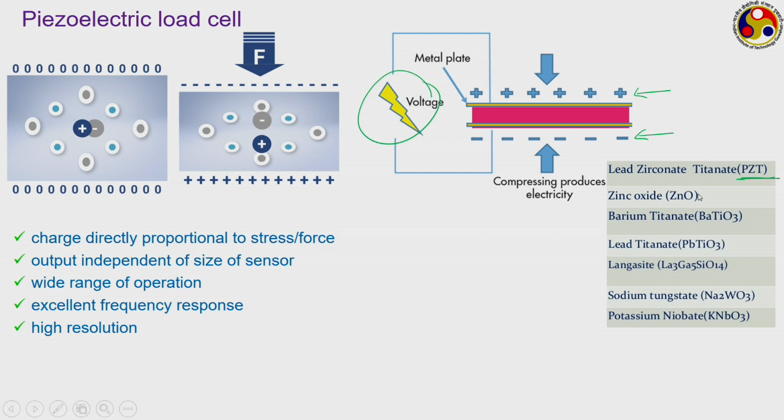High resolution is again a very desirable characteristic. High stiffness or rigidity: once the force is removed, the cells are generally able to recover their original shape, thereby being ready for another measurement.